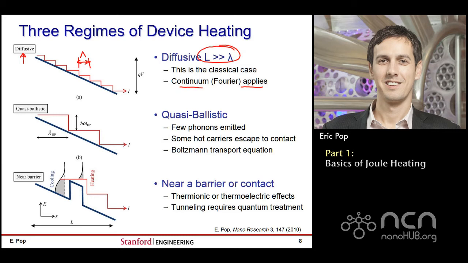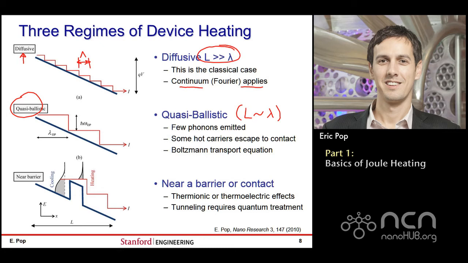The in-between situation between the diffusive and the fully ballistic case that I described earlier is this quasi-ballistic regime described over here. In the quasi-ballistic regime, the length of the device is comparable to the mean free path. It's on the same order of magnitude, not significantly shorter, not significantly longer.